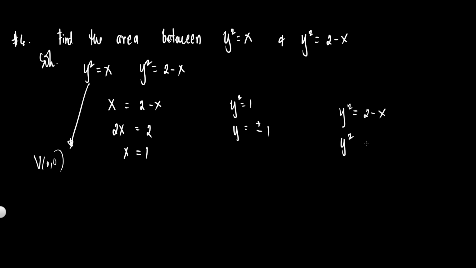So y squared is equal to, let's factor out the negative, negative x minus 2. So the vertex is at (2, 0). But this parabola opens in the negative x direction, going to the other side. This one is positive x.